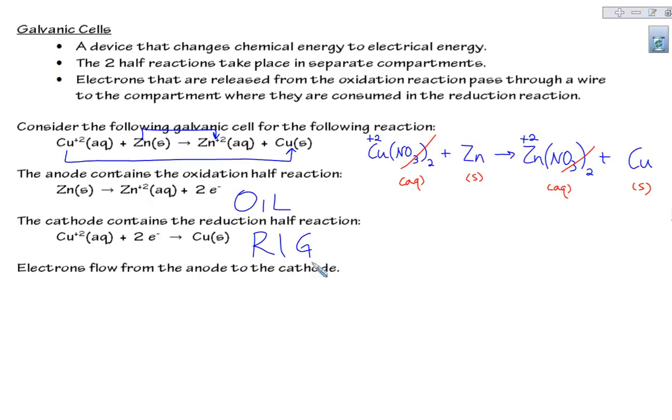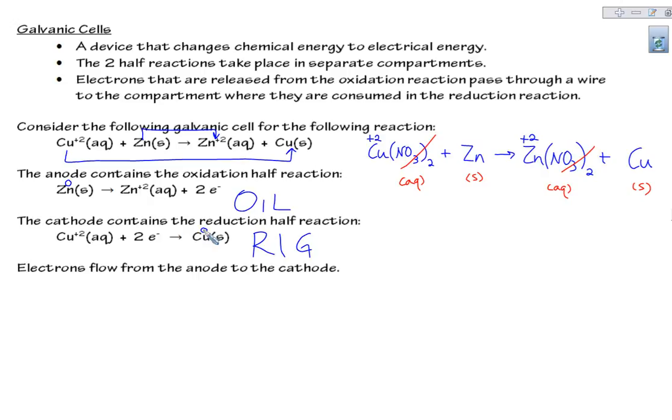It started out as zinc, the oxidation number of solid zinc would be 0, and then it turns into a plus 2 ion. The RIG part of this, the reduction half, is the copper. The charge on the copper is being reduced from plus 2 to 0. Reduction involves gaining electrons. If you gain electrons, you should become more positive. I should say more negative or less positive.